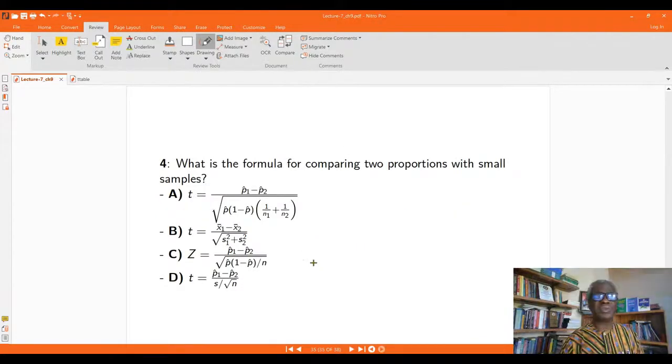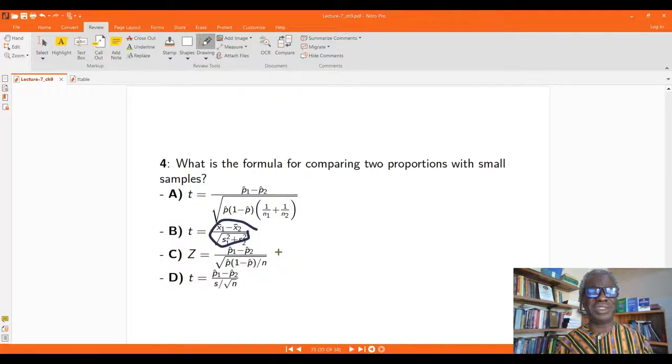Question 4. What is the formula for comparing two proportions with small sample? Yes, this one can be very tricky, but if you have followed, certainly this is not an answer.